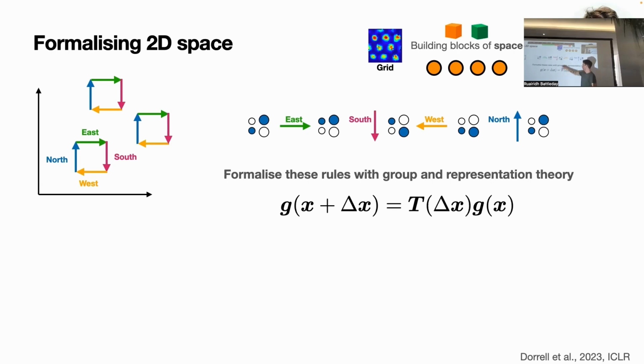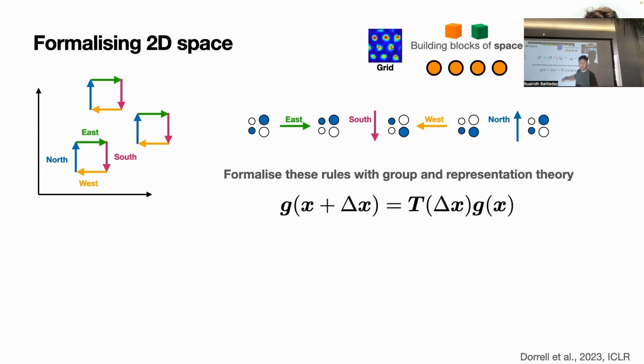What this group representation theory tells us is exactly what that matrix is, or some properties about exactly what that matrix is. We're just going to use the fact that we have a very well-developed theory which tells us what the matrix looks like. Of course, we aren't actually interested in matrices. We're interested in representations. We're interested in what the neurons look like.